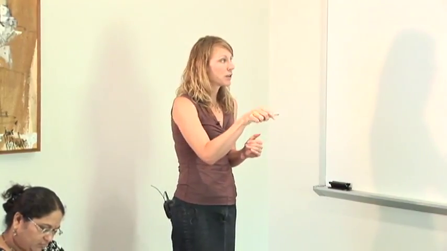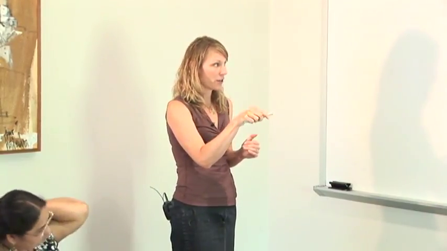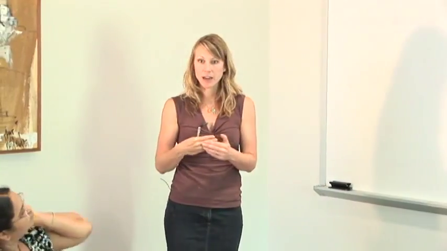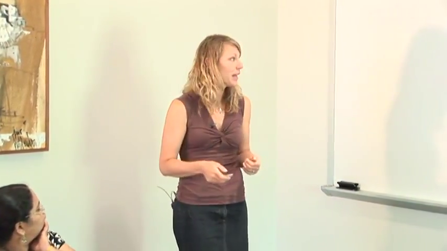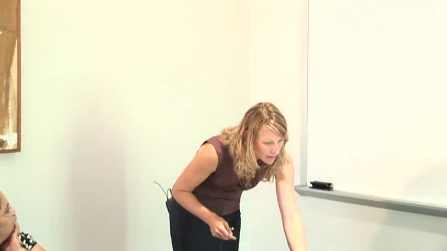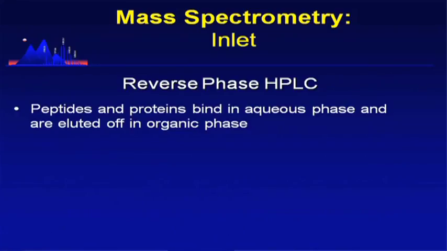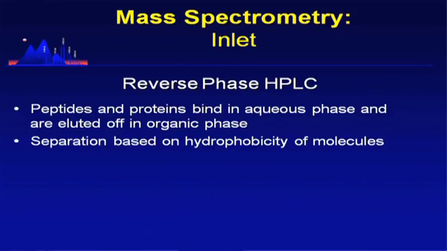So in reverse phase chromatography, we're separating our peptides based on their hydrophobic nature. Okay? In this scenario, the peptides and proteins are going to bind the column initially in an aqueous solvent, and then they will elute off over time as we increase the organic solvent that's flowing through our column.